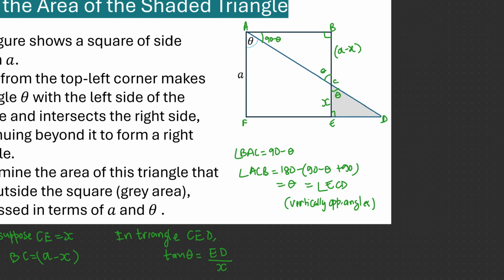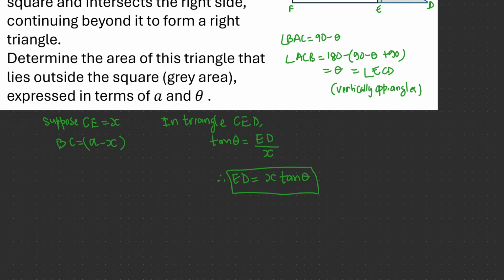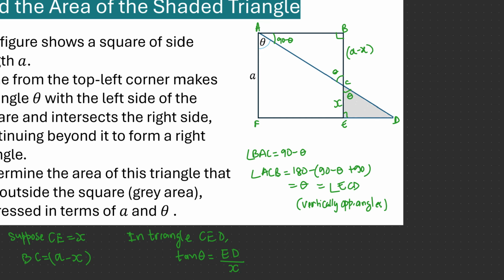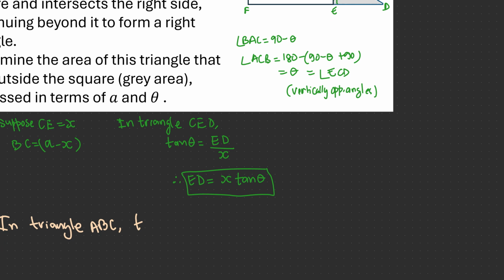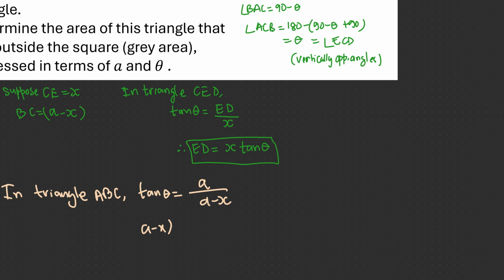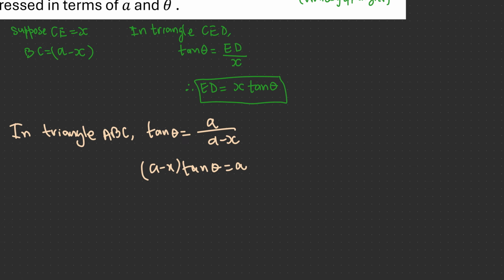So if we look at the next triangle, triangle ABC, you see we have here, this is A, so tan theta would be A over A minus X. Okay, so we can write A minus X times tan theta is equal to A. Therefore, A tan theta minus A is equal to X tan theta, rearranging the terms.